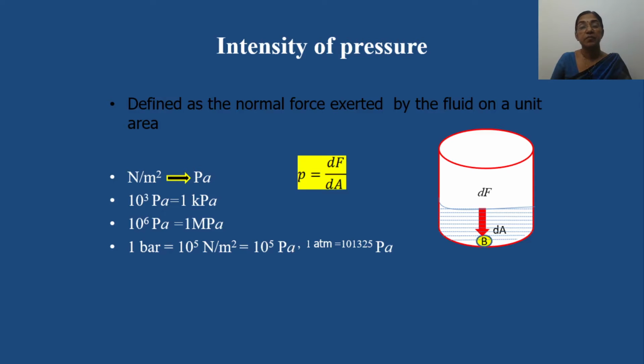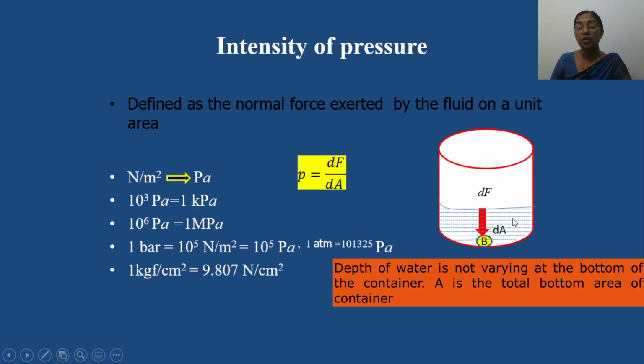In the gravitational system of units, 1 kilogram force per centimeter square is related to 9.807 Newton per centimeter square. If you are considering the total force acting on the total area, if capital A is the total area, then the total force acting equals p into A. Here p is the intensity of pressure and A is the total area of the cylinder at the bottom.